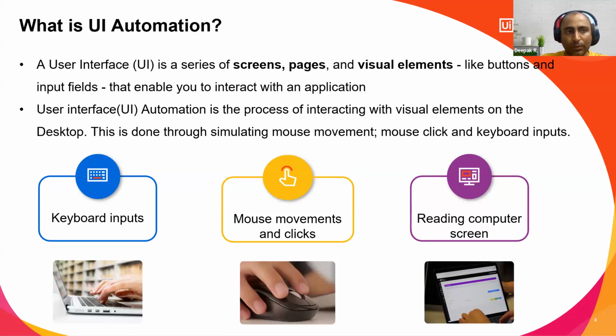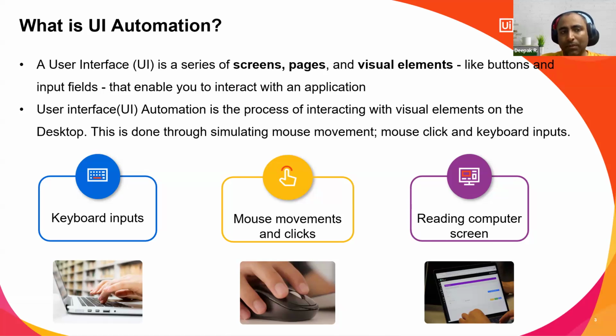Now, the first question that always comes to our mind: what is UI automation? UI is nothing but a user interface where we are interacting with the screen, pages, and visual elements like buttons. We are typing or performing actions through keyboards as well as shortcut keys, which enable us to interact with the applications. Those applications vary from web-based or desktop-based applications.